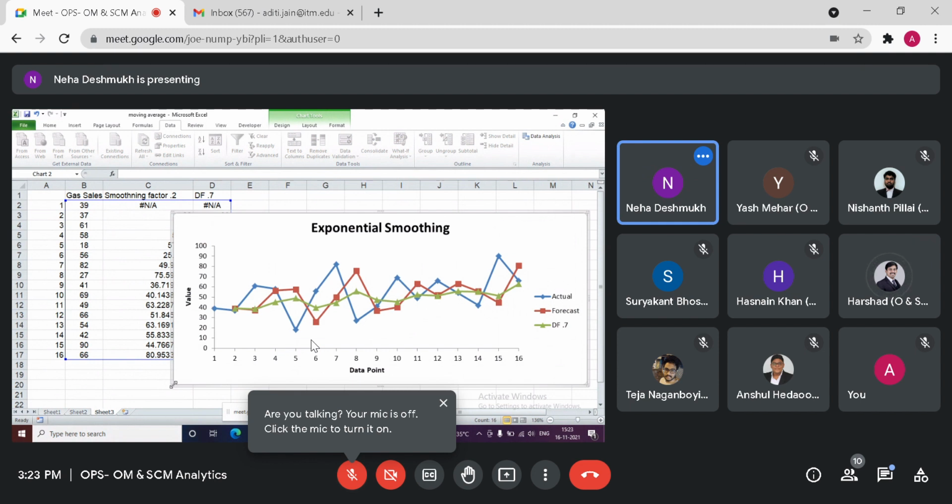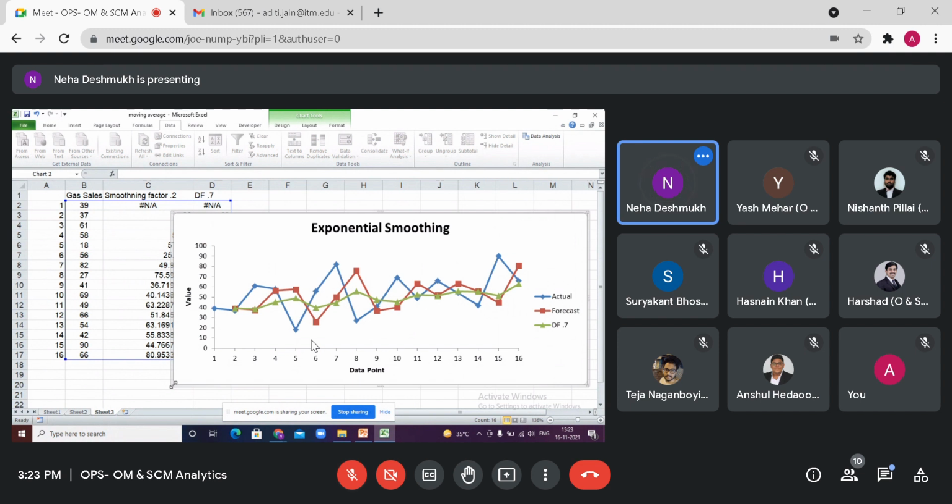Yes, ma'am. So in this way, you can smooth the data, you can predict the data for the next moment. Okay. Is this clear or should I repeat it?